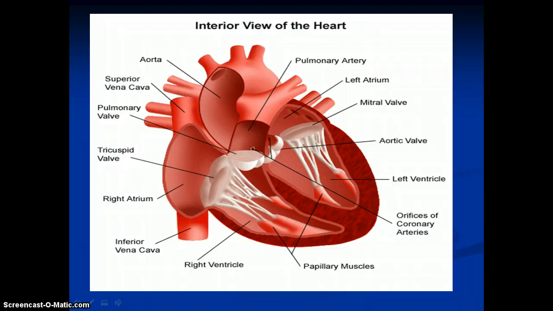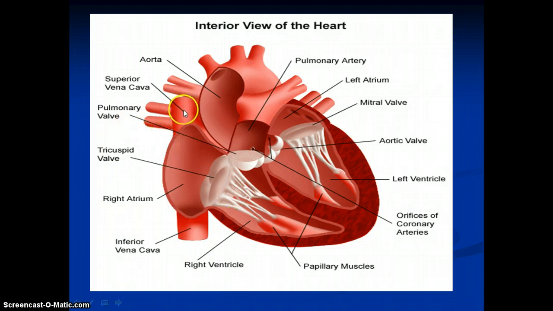So here's a picture of the interior view of the heart. Circulation begins in the vena cava, which are veins. You have the inferior and superior vena cava. Superior and inferior are just anatomical directional terms, so you just need to know that they're vena cava.